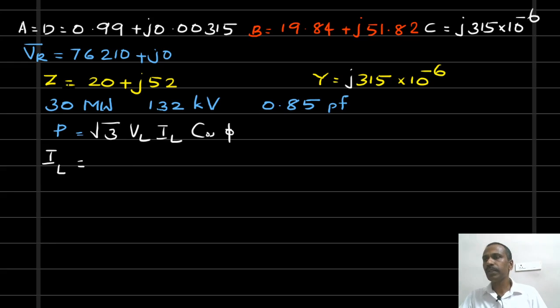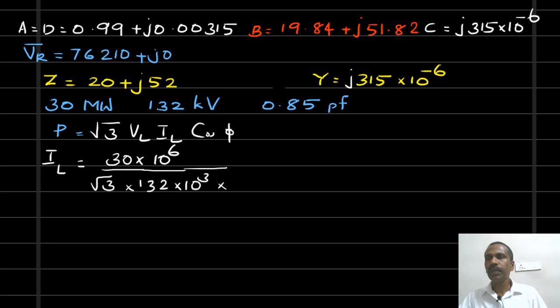Here power equals 30 megawatt, that is 30 into 10 raised to 6 divided by √3 into the line voltage 132 kilovolt into the receiving end power factor 0.85.